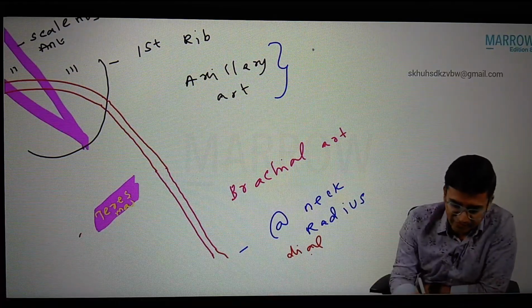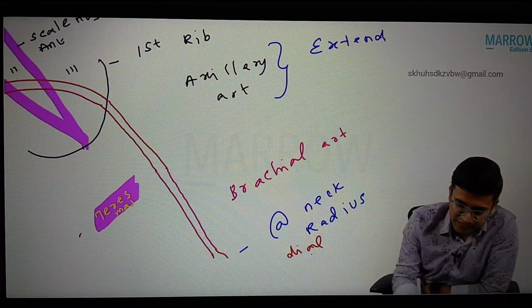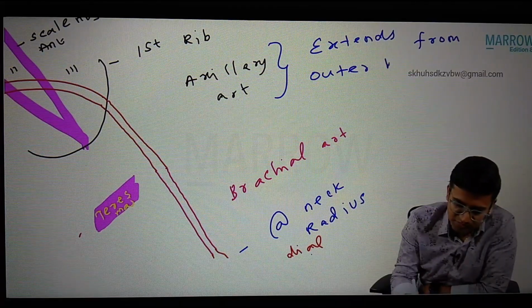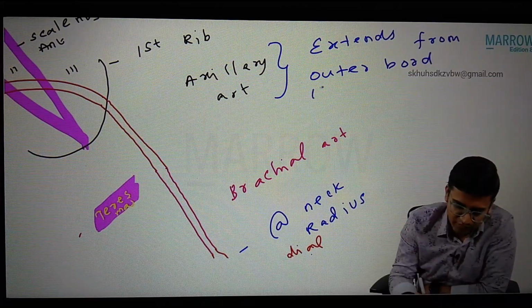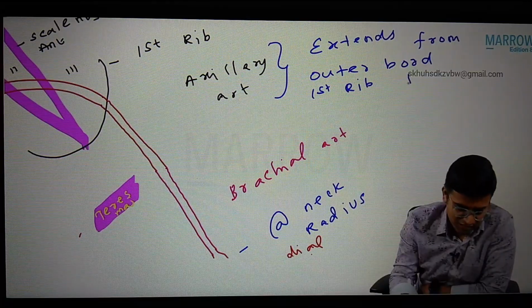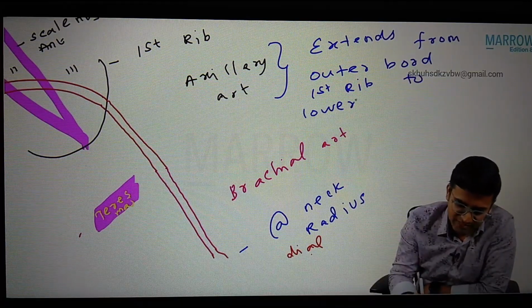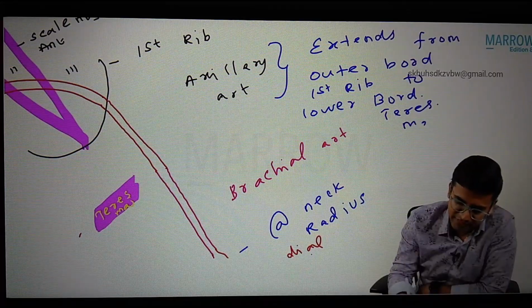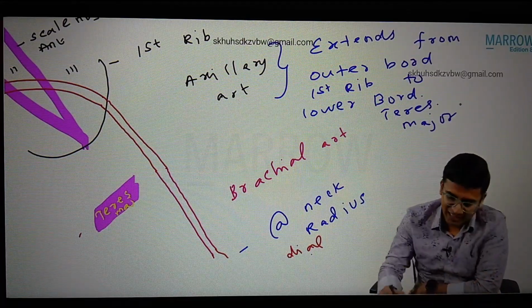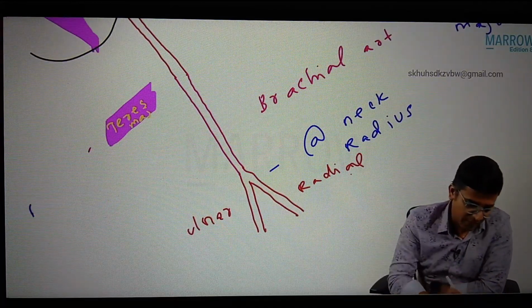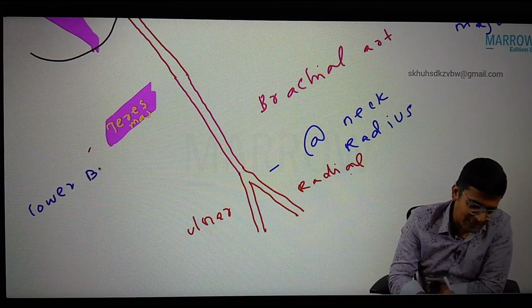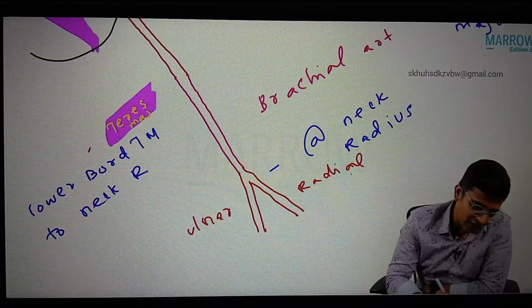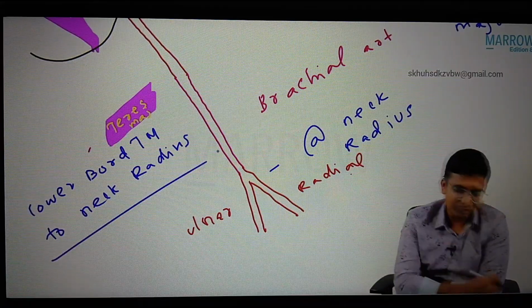The axillary artery extends from the outer border of the first rib to the lower border of teres major muscle. Now the brachial artery extends from the lower border of teres major up to the level of the neck of the radius bone.